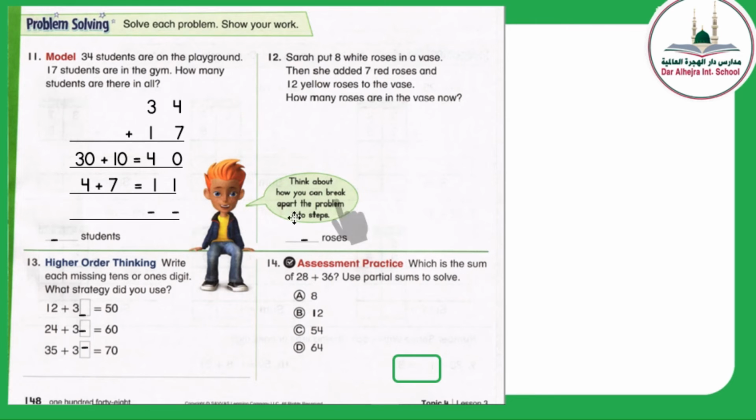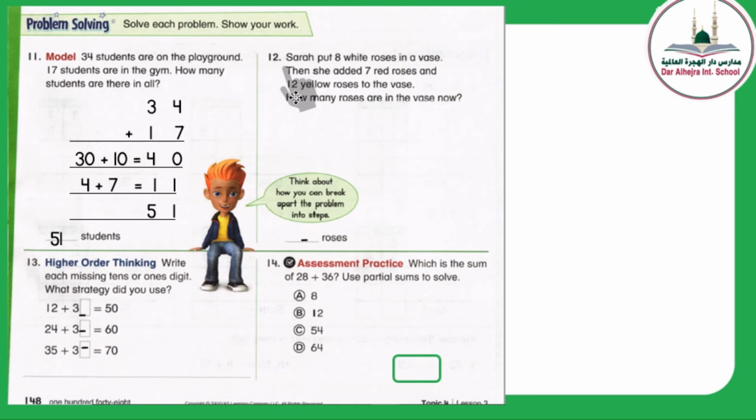Now in the final step, I'll be adding these partial sums, that is 40 and 11. So 0 and 1 equals 1 and 4 and 1 equals 5. So finally I have got a total of 51. That means 34 plus 17 equals 51. So there are 51 students in all.